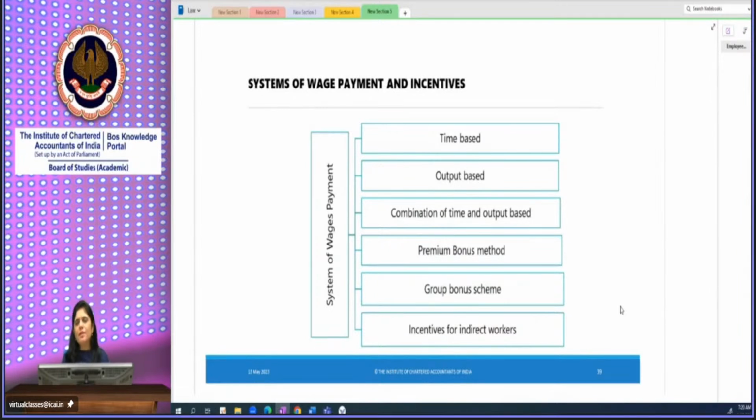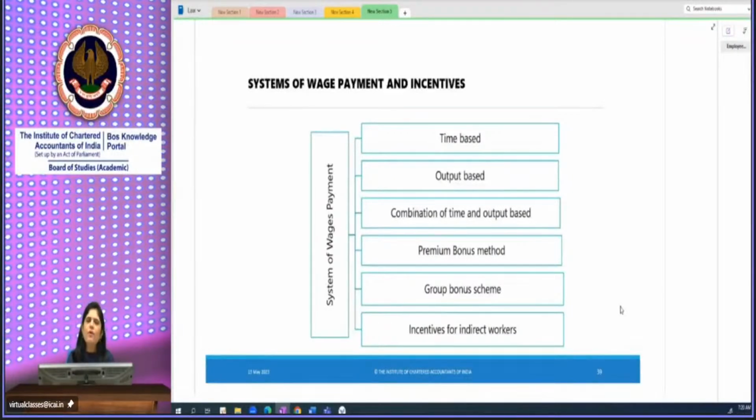So if a management is giving a bonus of 10,000 and there are 20 people in a team, how they will be sharing, that is a group bonus scheme. Management gives a group bonus to one team or one department, let us say the production department has been able to reduce the cost to a much extent. So management will give the bonus to the whole department, and whosoever is there in the department will share that bonus. So that is a group bonus scheme.